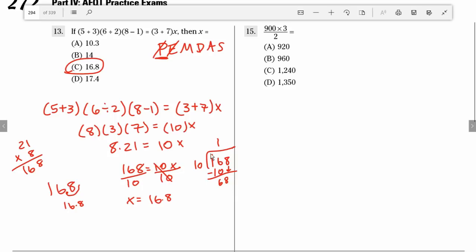It doesn't. 10 goes into 68 6 times without going over. 10 times 6 is 60. Subtract. 68 minus 60 is 8. Drop down a 0. Since you drop down a 0, you add a decimal. 10 goes into 80 8 times. Okay? This way is much easier, but if you need to, you can work it out.